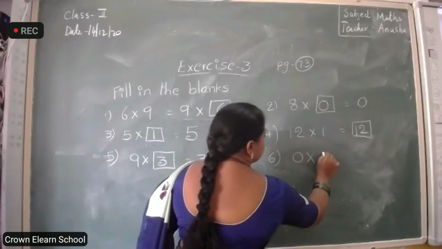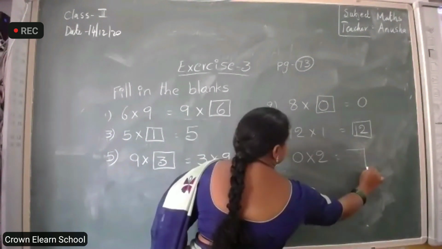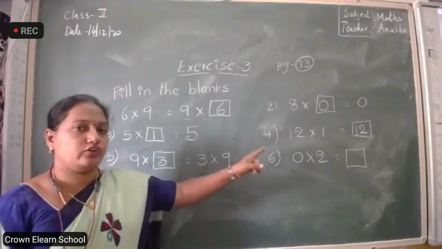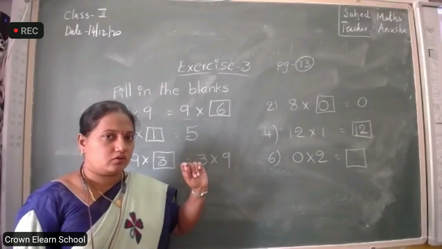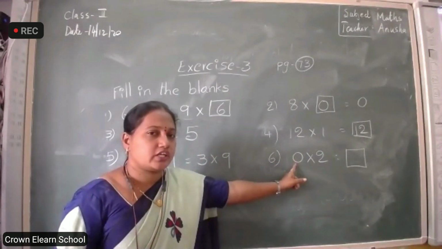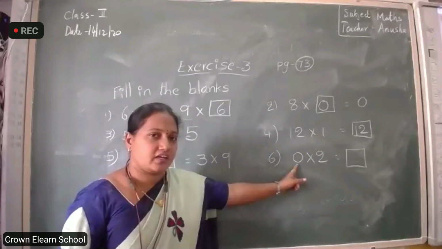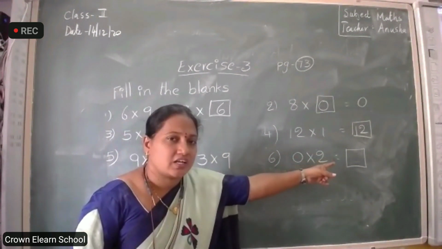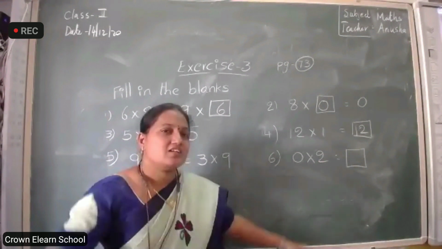Next, sixth one. 0 into 2. What you have to observe here is that 0 is there in the question. In the question 0 means, what is the answer? 0.